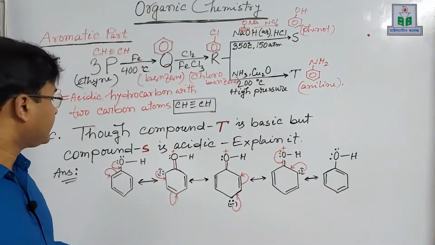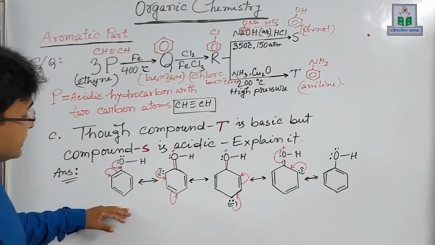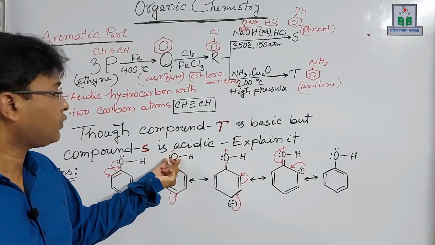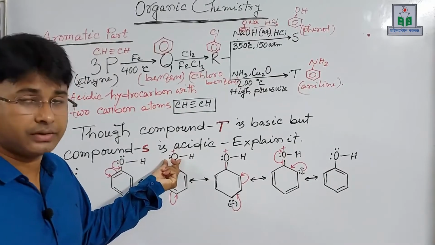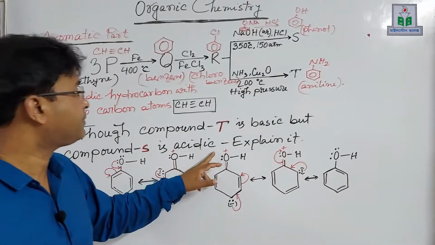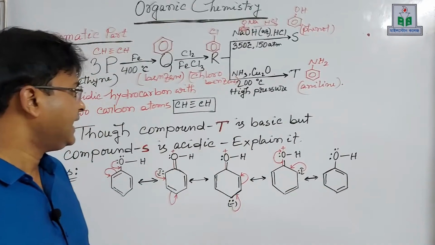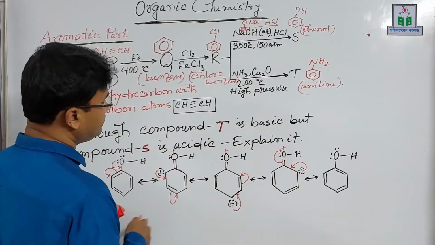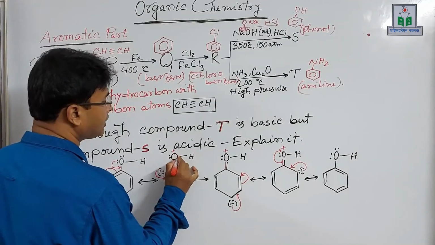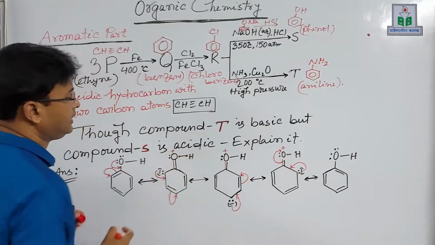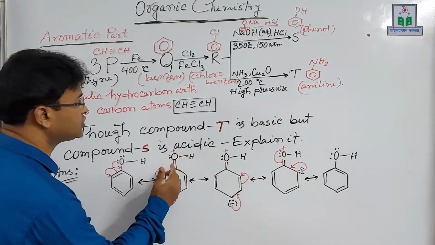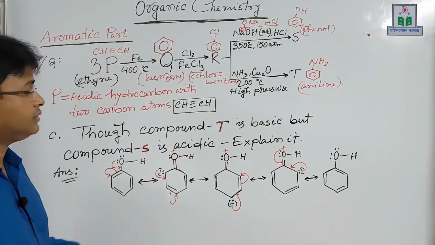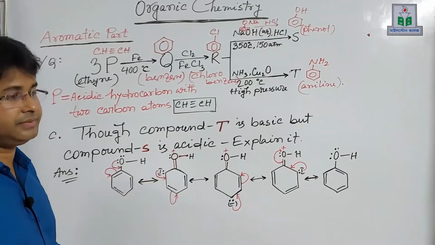From the resonance, it is seen that due to the resonance, oxygen of the OH group of phenol becomes positively charged. As a result, the bond pair electrons between oxygen and hydrogen are pulled toward oxygen due to the positive charge of oxygen.